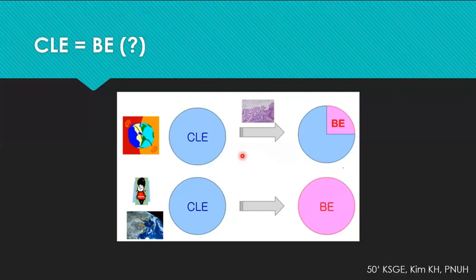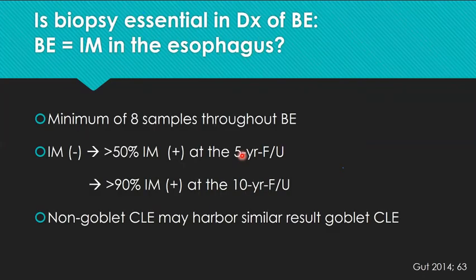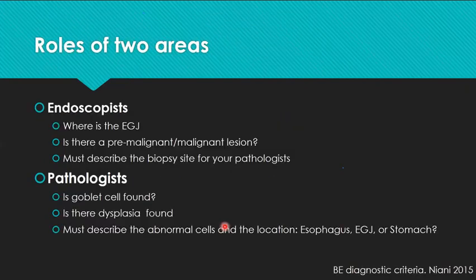So in order to get that kind of intestinal metaplasia, biopsy is required. In America, they have the Seattle protocol, because after the Seattle protocol, intestinal metaplasia is found in Barrett esophagus quite often. So that's why the endoscopist and pathologist work together for diagnosis.